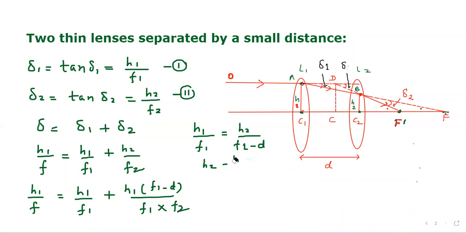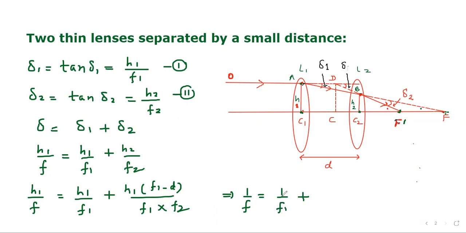So on simplification, H1 will cancel out from each term. So we will get 1 upon F equals 1 upon F1 plus F1 divided by F1 F2 minus D divided by F1 F2. So from here F1 will cancel out.